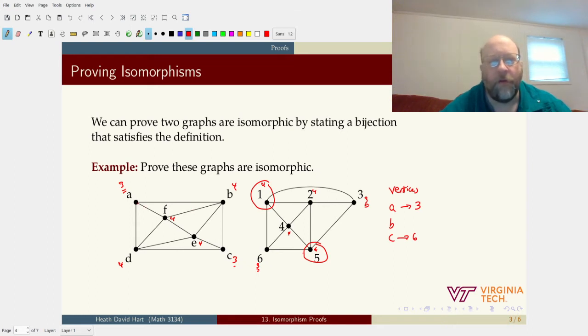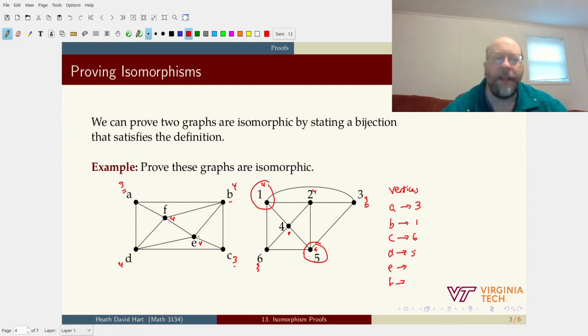And so those are going to have to be my B and D, because B is adjacent to both A and C, and D is adjacent to both A and C. So we might send B to 1 and then D to 5. I'm not sure that it's this order. It could be the other order, but let's start with that and see what happens.